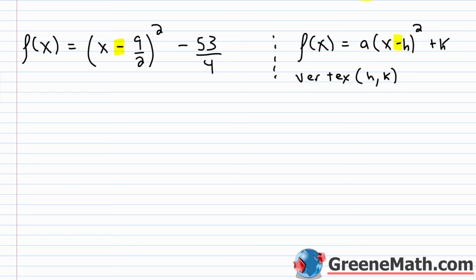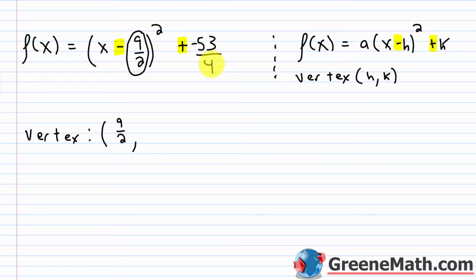So whatever occurs after that minus sign, in this case that's 9/2, is going to be your h. That's going to be your x coordinate for that ordered pair. So the vertex occurs at the point, you'll have 9/2, but then you have a plus sign here, but a minus sign here. So you've got to be very careful. Go ahead and translate this into plus a -53/4, so you don't make a mistake.